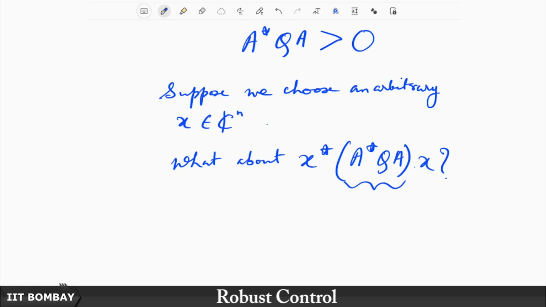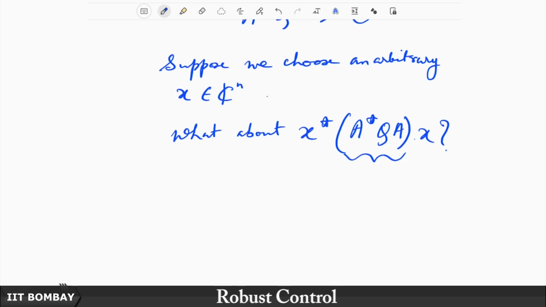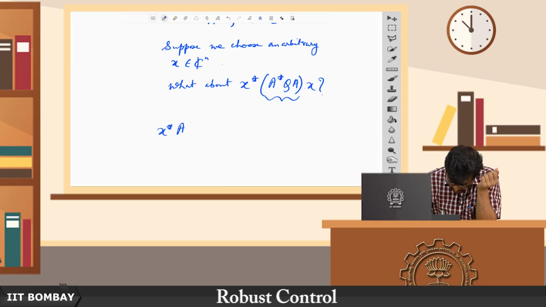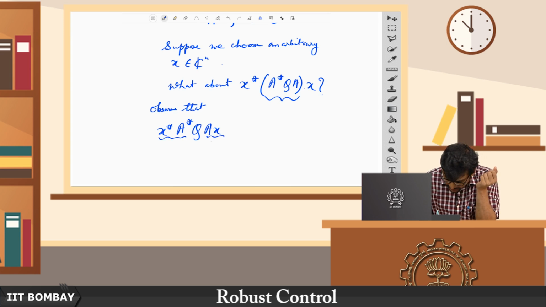If we can answer this and say that, irrespective of whatever x is, this is always going to be strictly greater than 0, then we will be done. So now look, we observe that we can write this as x Hermitian A Hermitian. Observe that this is nothing but Q A x, and now let this A x be replaced by another y.